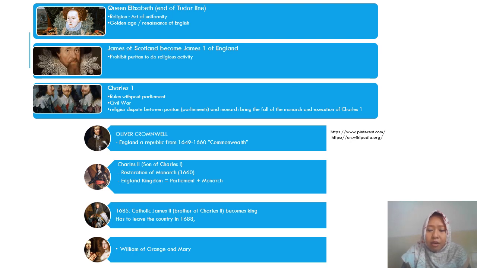Most of those in Parliament were Puritans, and Charles had oppositions with the Puritans. It means that for several years of his reign, Charles reigned without Parliament, and from this there was a civil war, an opposition between Charles and the Parliament, and it resulted in civil war.